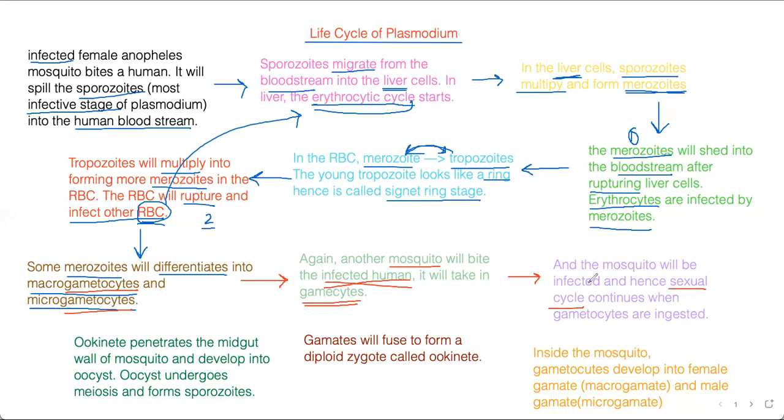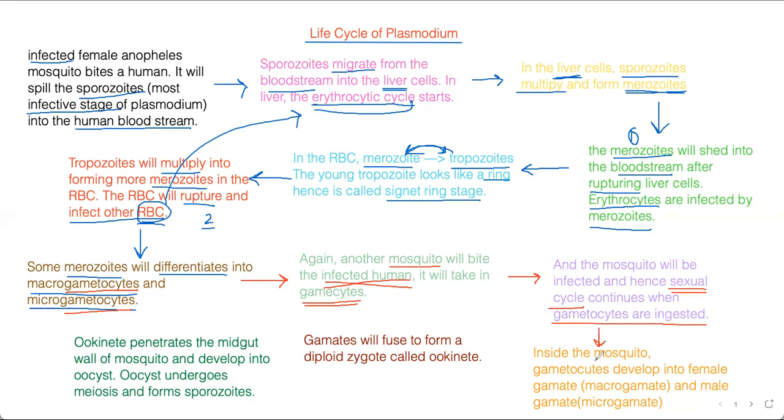Sexual and asexual both take place in the mosquito. When the gametocytes are ingested, the mosquito becomes infected, and the sexual cycle continues.